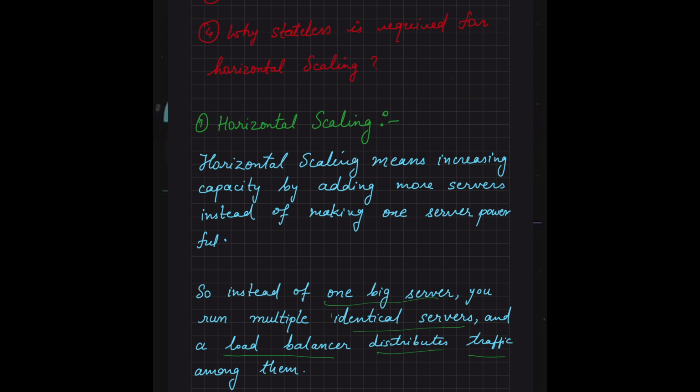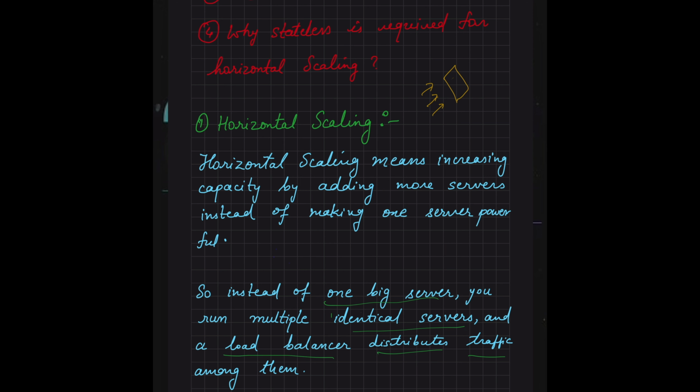In vertical scaling, we have a single server. Let's say your service is growing too much, your application is so famous that lots of users have started using it. So you are getting lots of requests on your server, and your server is not able to handle all those requests. So you start increasing the server's capacity.